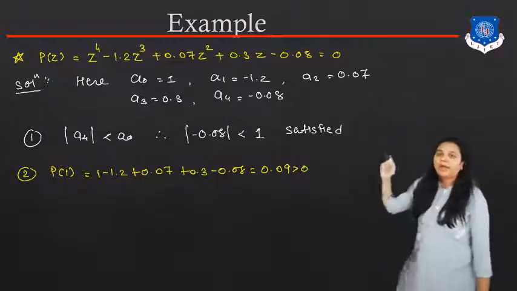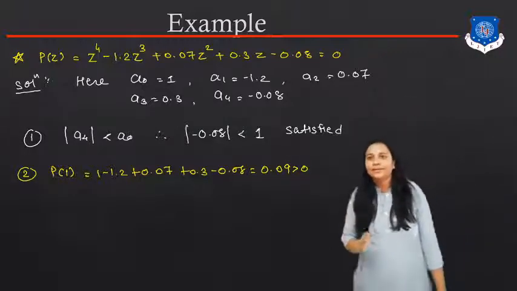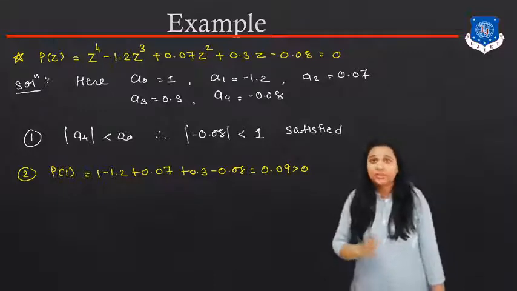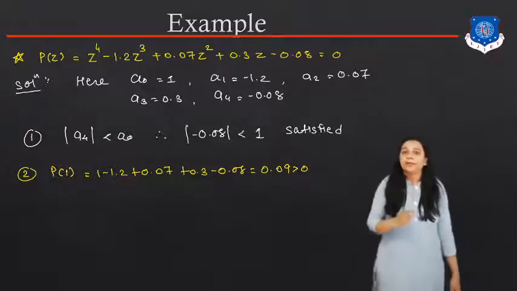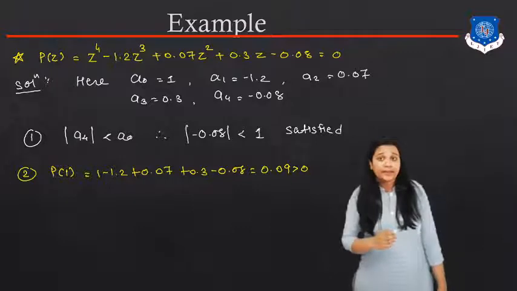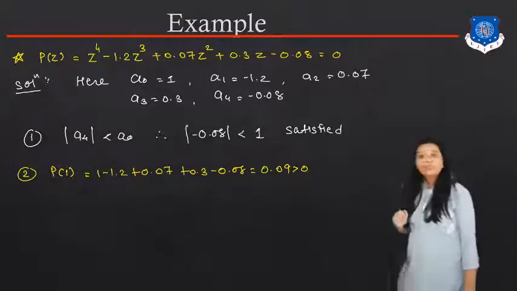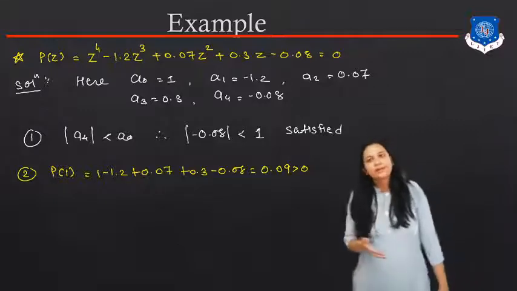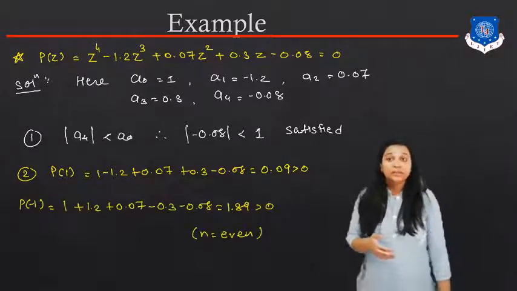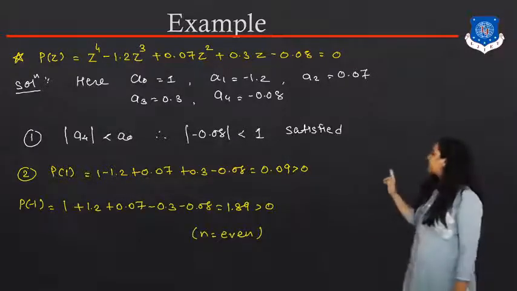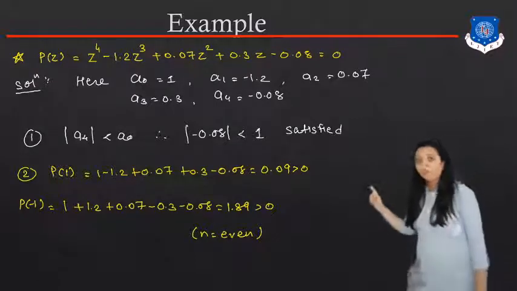So P(1) that is equal to 1 minus 1.2 plus 0.07 plus 0.3 minus 0.08. That is equal to 0.09. It is again greater than 0. So the second condition is also satisfied. The third one is put Z is equal to minus 1.